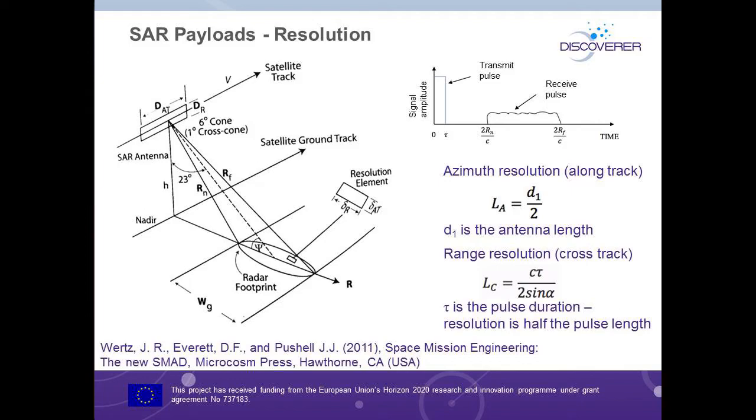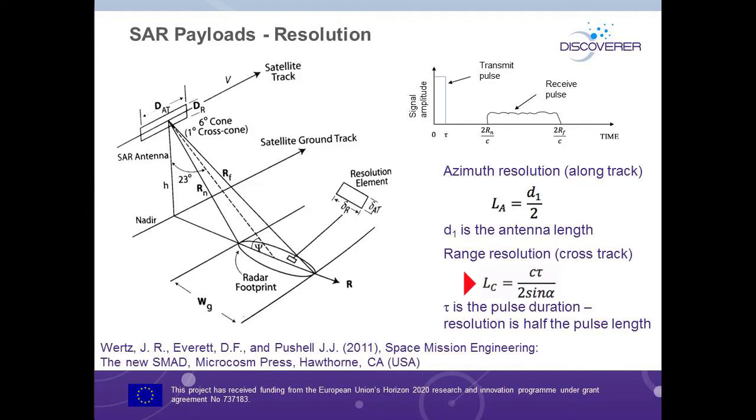Because if you look at the resolution of a synthetic aperture radar, you get some equations which have absolutely nothing to do with the altitude, in fact nothing to do with the majority of factors going into the design. You find that the resolution in the azimuth direction, which is the along-track passage of the satellite, is proportional to half the length of the antenna. No matter how high you fly, how low you fly, it's half the length of the antenna, which is, let's say, counterintuitive.